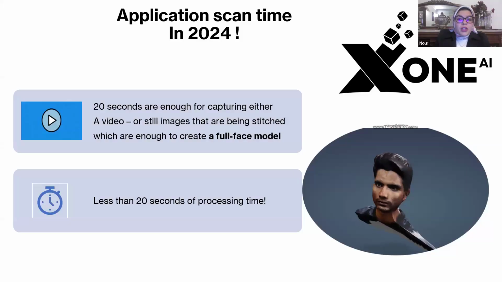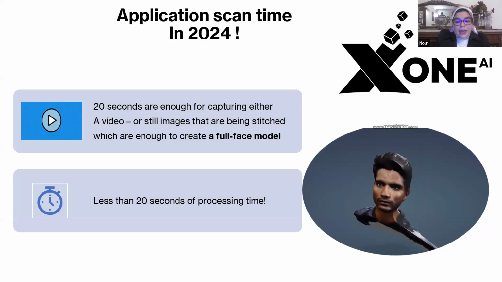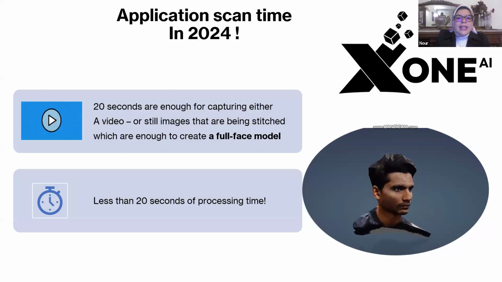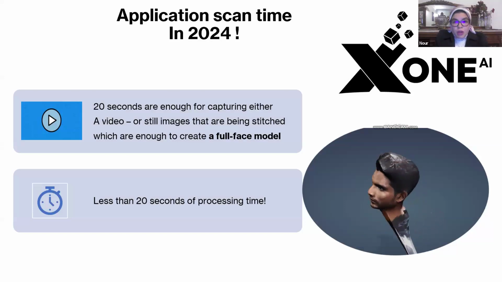So in 2024, lots of other apps like the X1 AI are available on the market. And in 20 seconds, with this application, I can make a full face model. Sometimes I choose the option of videos. Sometimes I choose the still images that are being stitched together.